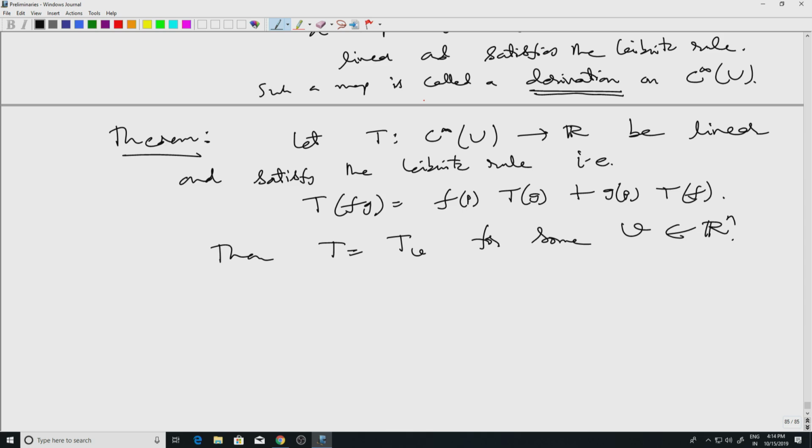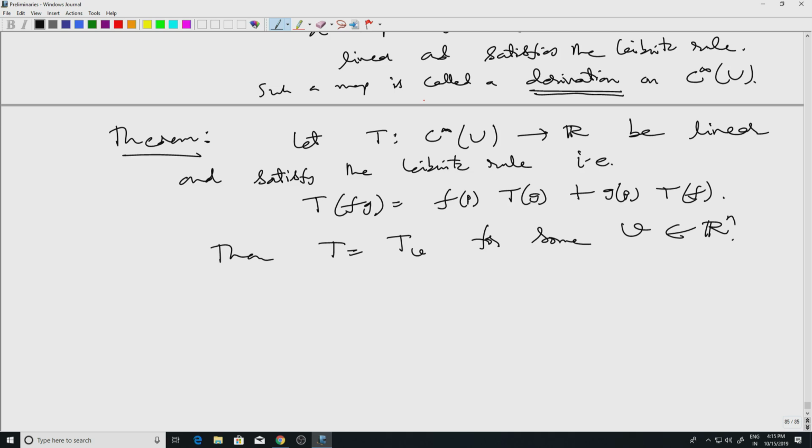All one is doing is considering the action of T on a product function, and we are saying that T of fg has this very specific form. The point is, this Leibniz rule condition is so strong that this forces any such map to be necessarily a directional derivative with respect to some vector V in Rn.